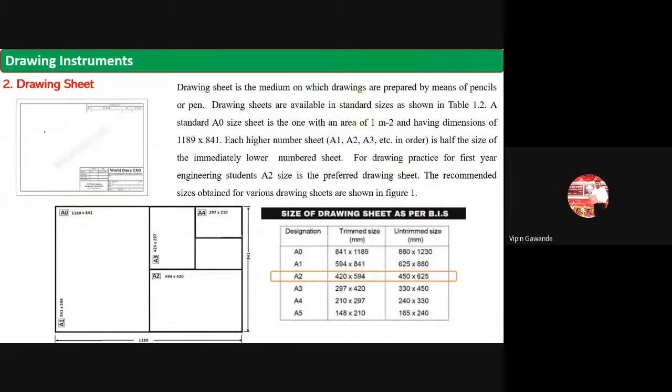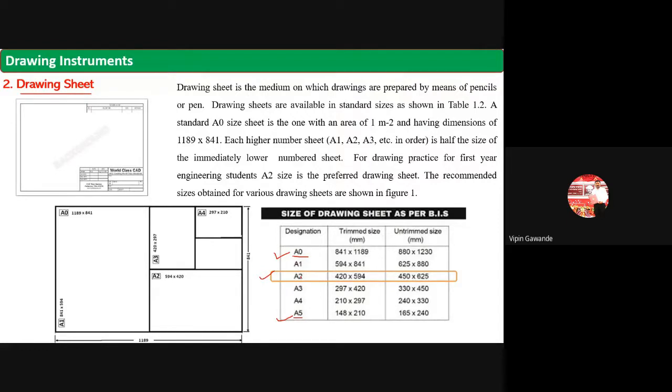Then the drawing sheet. Here it is similar to the drawing board. The sizes go from A0 to A5, where A0 is the biggest and A5 is the smallest. For first year engineering students, we recommend the A2 size drawing sheet.